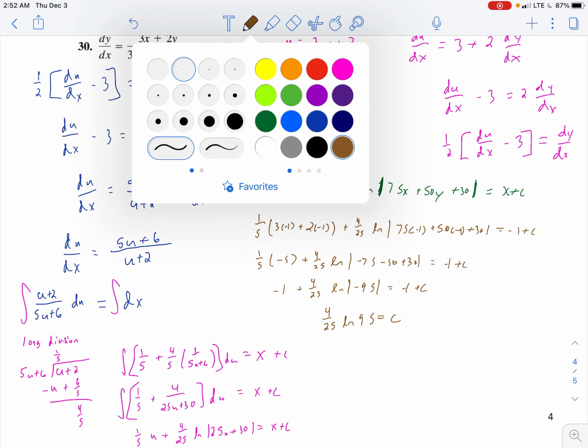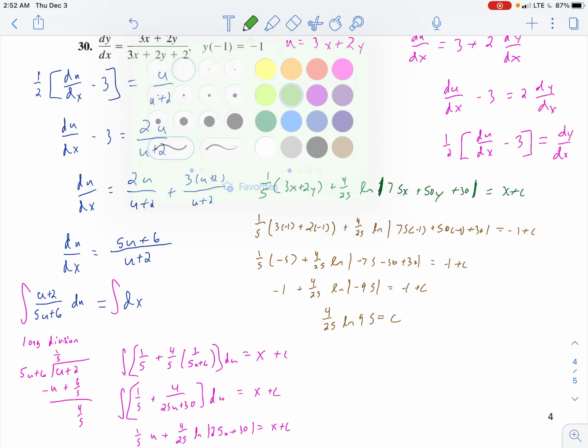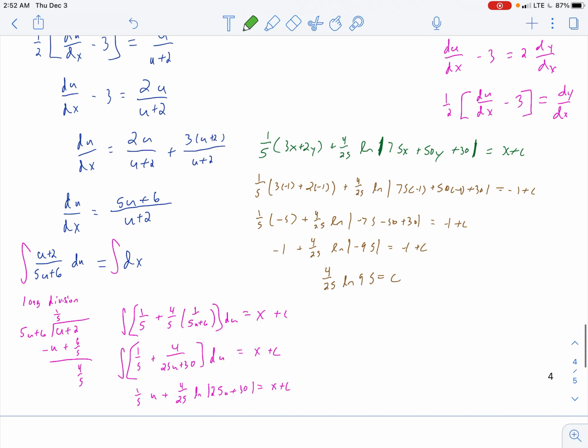So our final answer, and I'll do this in bright green, is going to be 1/5 times (3x + 2y) plus 4/25 natural log of |75x + 50y + 30| equals x plus 4/25 natural log.